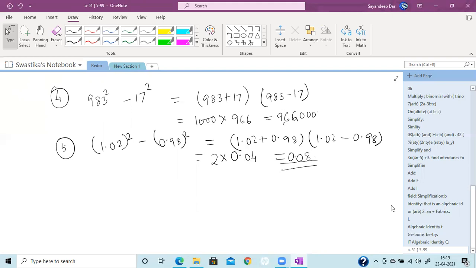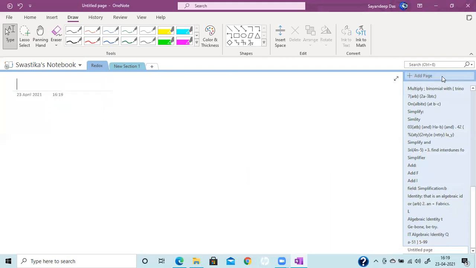So let us now start with the first identity and its applications, and thereby we will also revise the first identity, second identity, and the third identity. So what was the first identity? That is (a + b) whole square is equal to a² + 2ab + b².